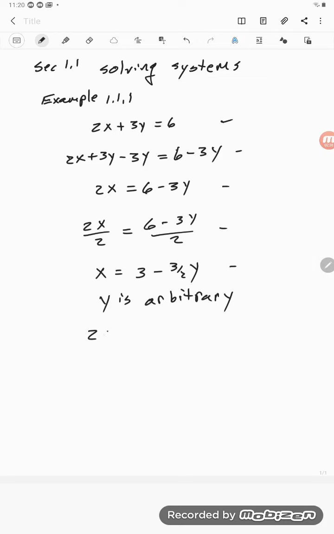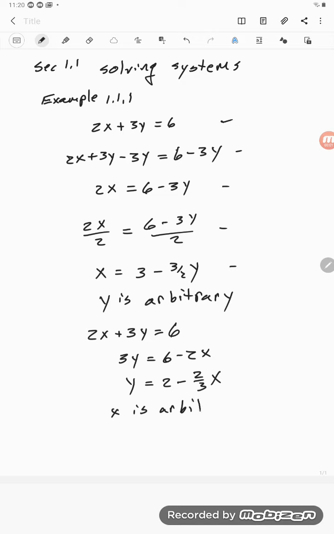So we could start with our 2x plus 3y equals 6. I could subtract 2x from both sides to get 3y equals 6 minus 2x, and I could divide both sides by 3 to get the equivalent equation of 2 minus 2/3 x. And again, here, x is now arbitrary.